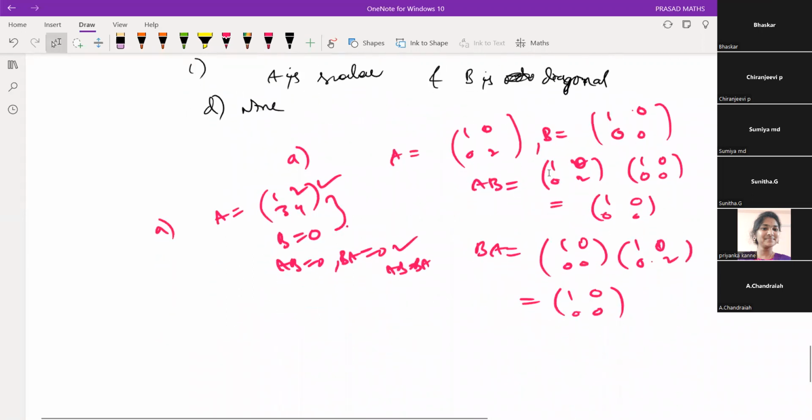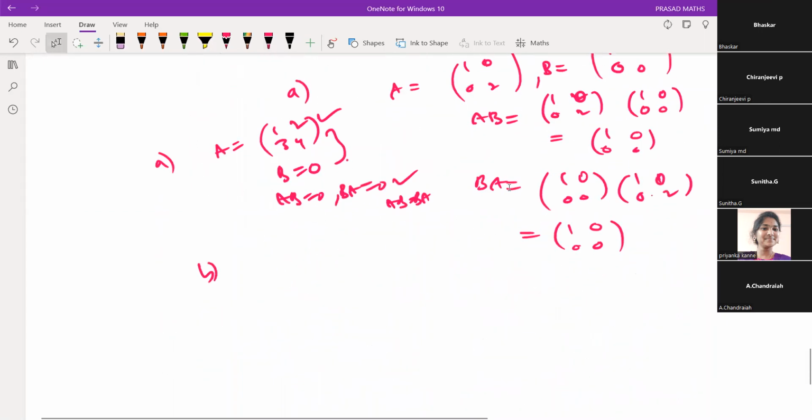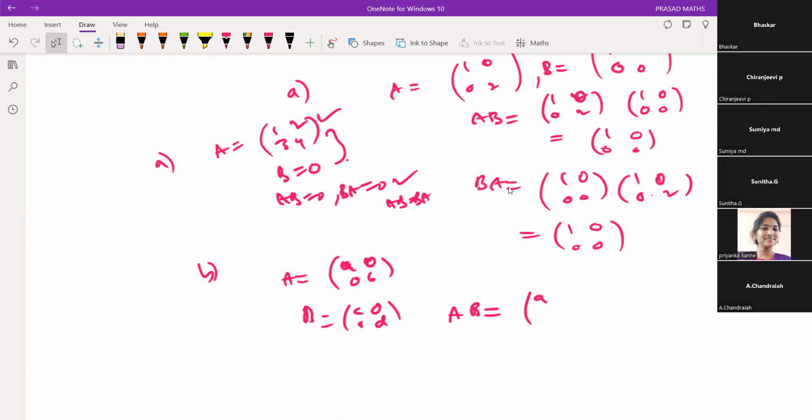Now look at option B. A and B are both diagonal matrices. Already I told you diagonal matrices are always commutative. You take A 0 0 B, and B equals C 0 0 D. What is AB? AB 0 0 BD.